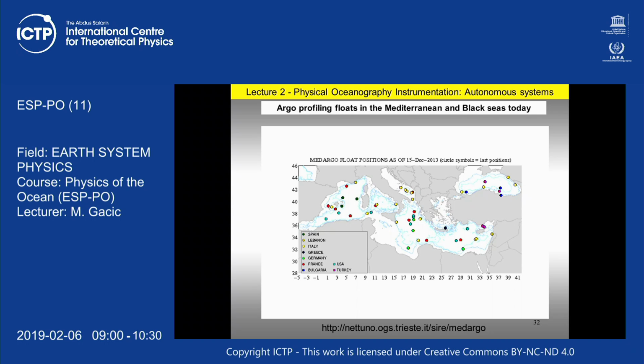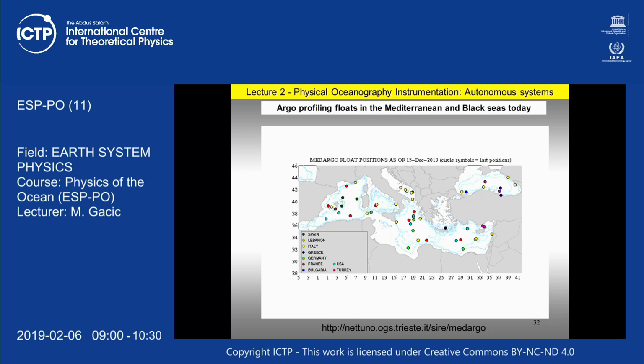And part of these has been used for the calculations of the mean density over the Southern Adriatic, what I presented to you before. And you can see also there are a number of floats in the Ionian. Obviously it depends on the country and which position it is interested in.